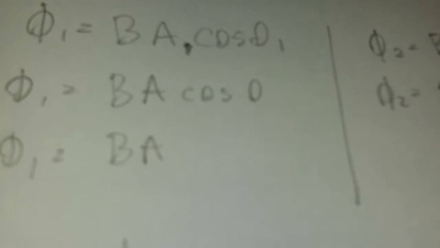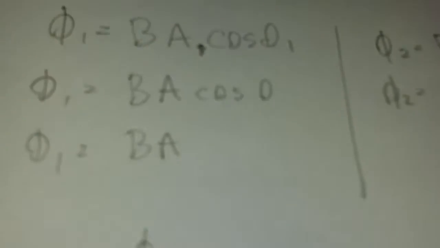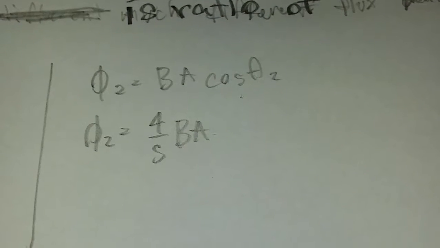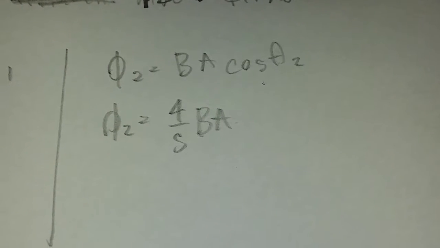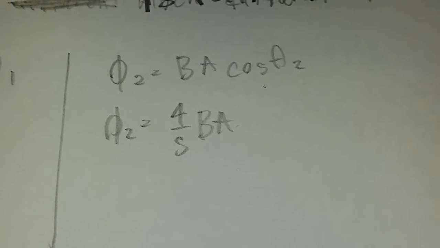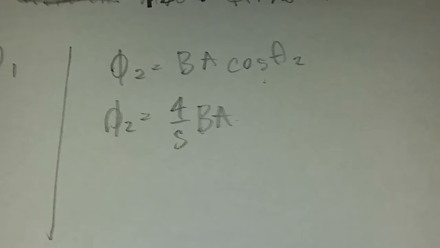So cos 0 is 1, so the first flux equals BA. Now the second one is flux 2 equals BA times cos theta 2. Flux 2 equals BA times cos 37.